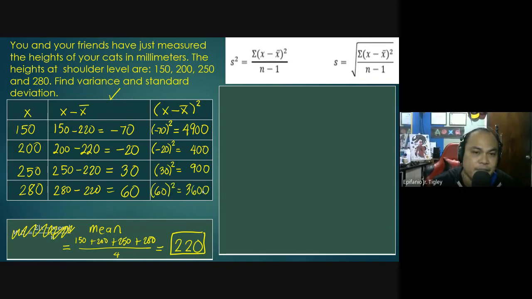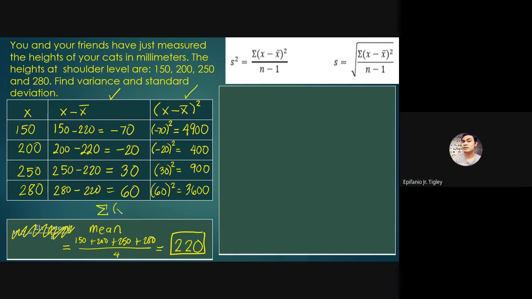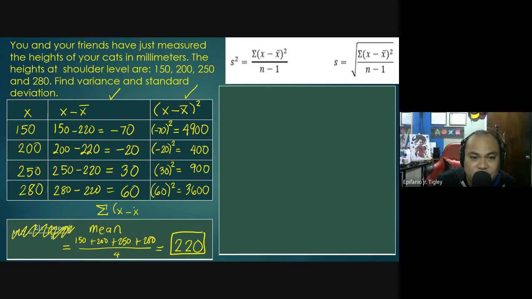The next thing to do is simply get the sum of the third column. So what is the sum of your third column? Use your calculator, please: 4,900 plus 400 plus 900 plus 3,600.